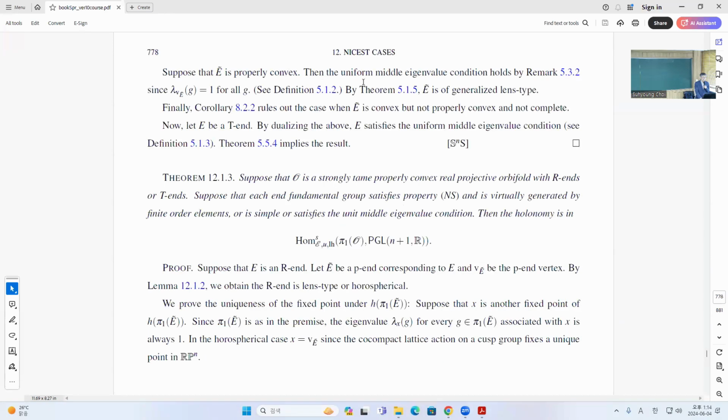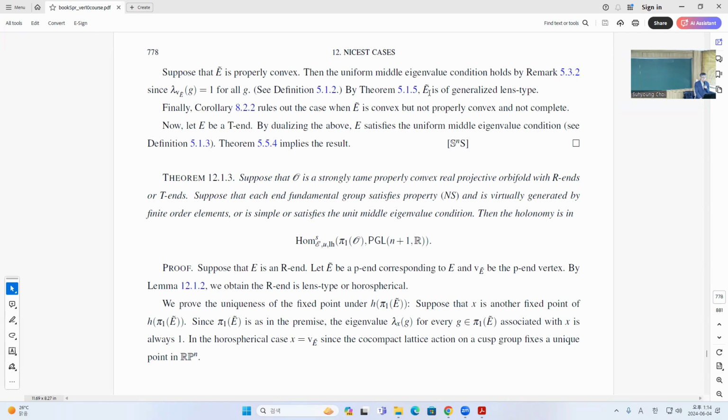And if it's properly convex and the uniform eigenvalue condition is satisfied, by Remark 5.3.2, if this is always one, then it just depends on the word length. So it's just a length computation.